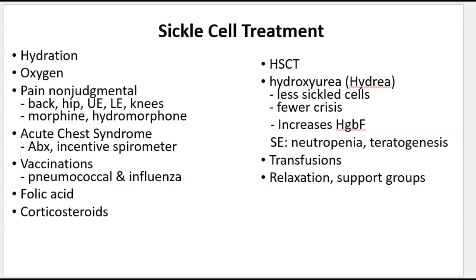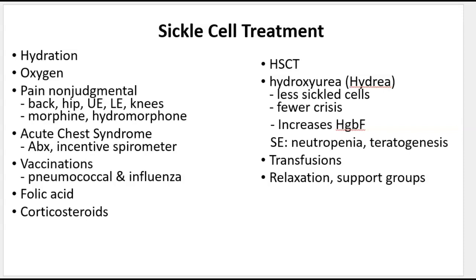And then pain. Please remember that a person can get pain medication tolerance. And during a sickle cell crisis, they will require continuous and breakthrough pain medication, including things like morphine and Dilaudid. If they do complain of pain, at that time it's usually in their back, their hips, their upper extremities, lower extremities.